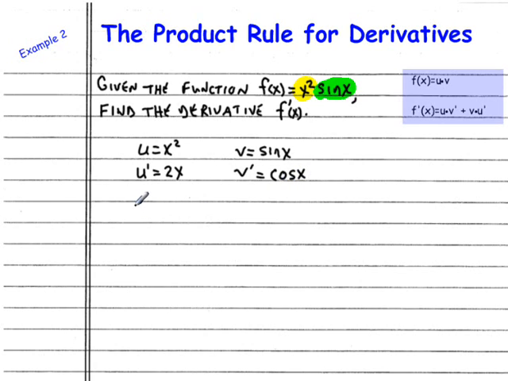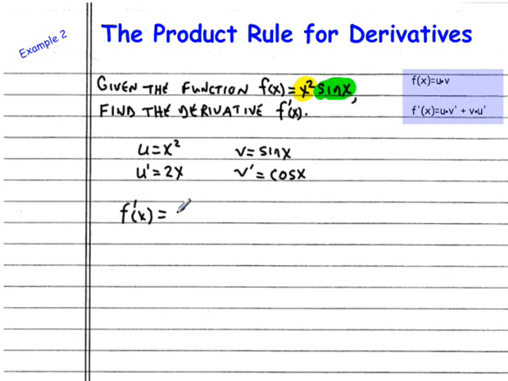Well, once we are to this point, now we're in a position that we can provide the information for the product rule. So f prime of x, of course, then we can read directly is u times v prime plus v times u prime.